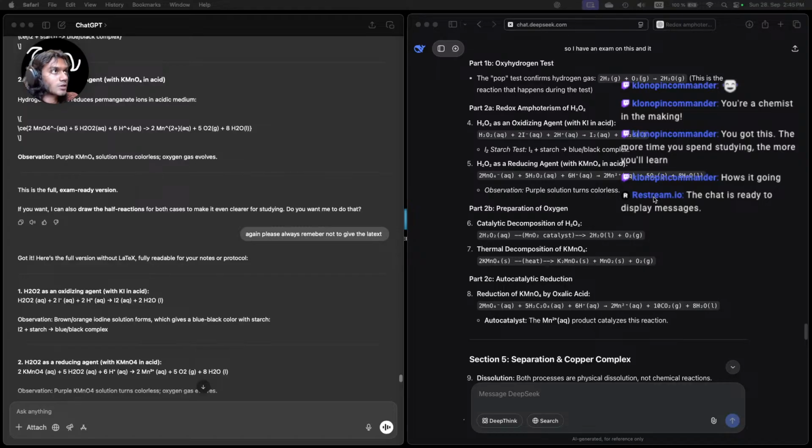So hydrogen peroxide under the influence of manganese dioxide as catalyst gives water plus oxygen, okay.